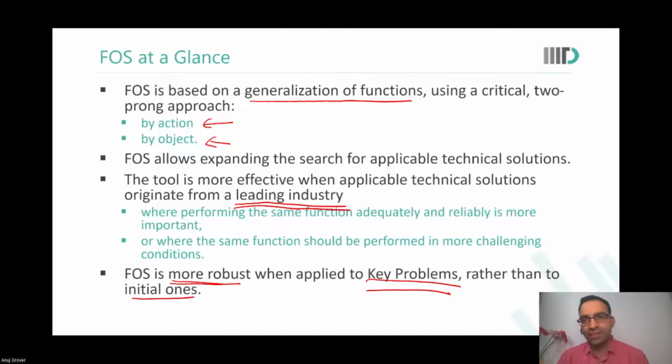CEC. Yes, in the cause-effect chain analysis. So you notice function analysis and cause-effect chain analysis are feeders into this solution finding method. If you've not done those adequately well, you will struggle with FOS also. But FOS can give you very, very quick, very fast solutions for your problem statement.